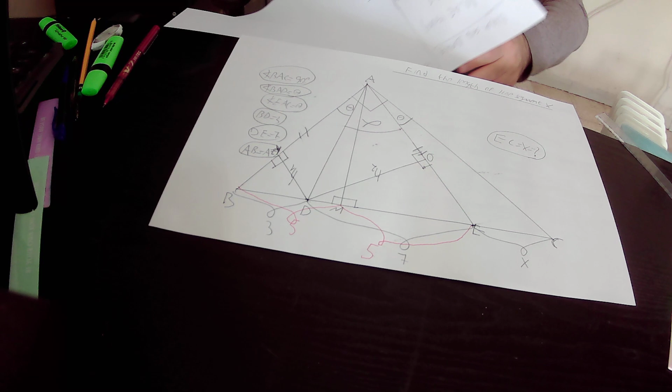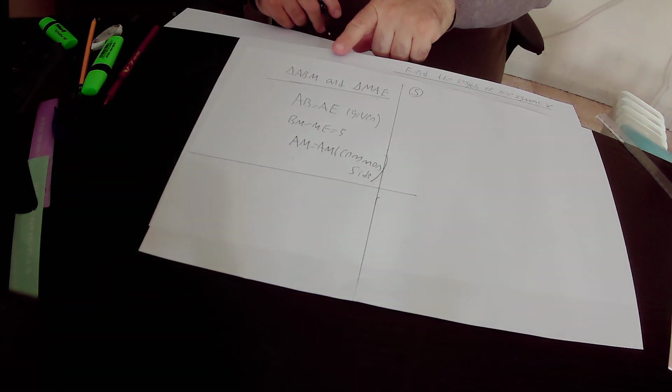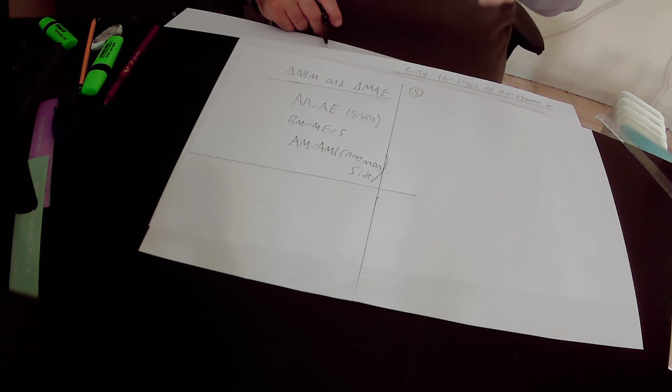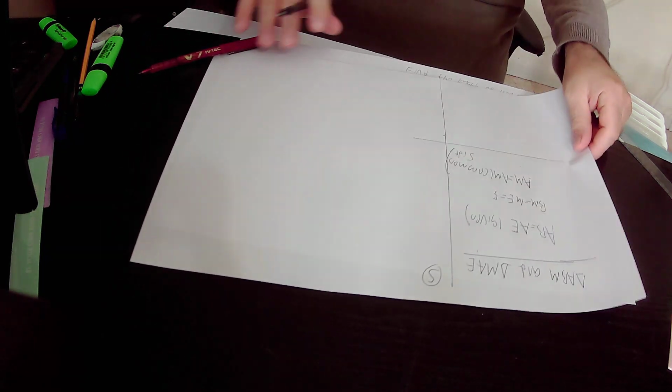So we actually proved that triangle ABM can go into triangle MAE according to side rule. Okay, I'll write it down.